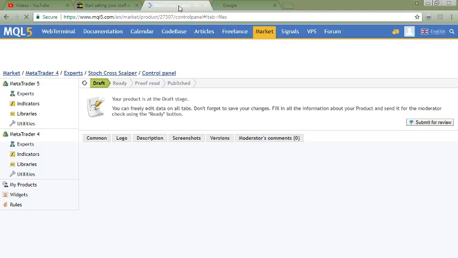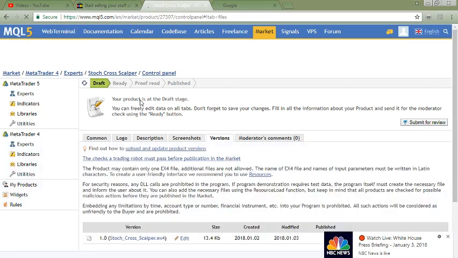As you can see, it is slow. Very slow, sometimes painfully slow. But the point I'm trying to make is you don't have to have a super fast computer to allow this to work. But here you can see I'm on the website.